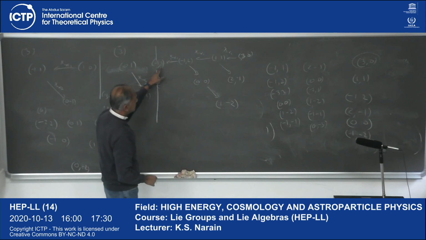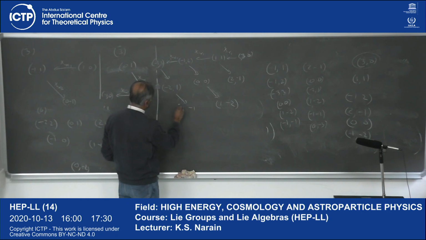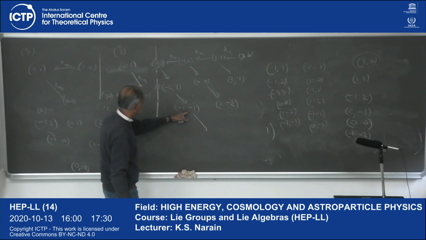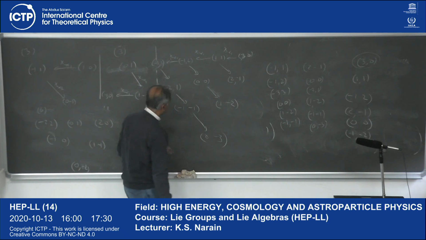And this is again spin 3 half, which means a 4-dimensional representation. So I'll get here 1, minus 2, and minus 1, minus 1, and then I'll get minus 3, 0.